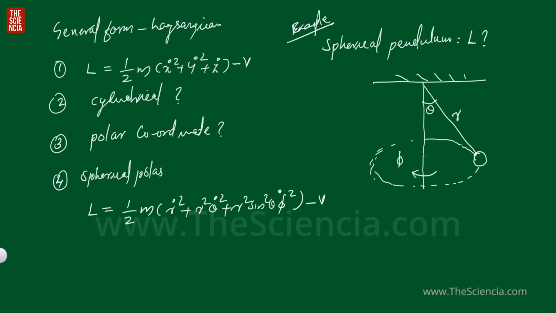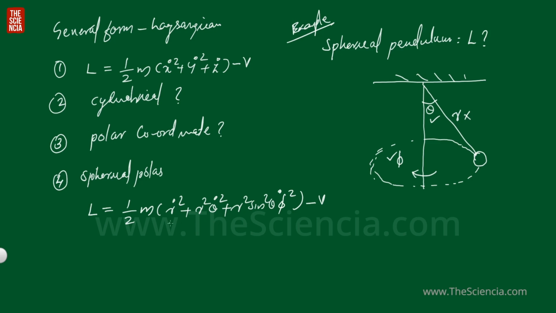Then what will be the Lagrangian of this spherical pendulum? Here which coordinate system will we use? We will use the spherical polar coordinate system. But in this particular case, you see theta is varying and phi is also varying. But r is constant. It is not varying. Okay.